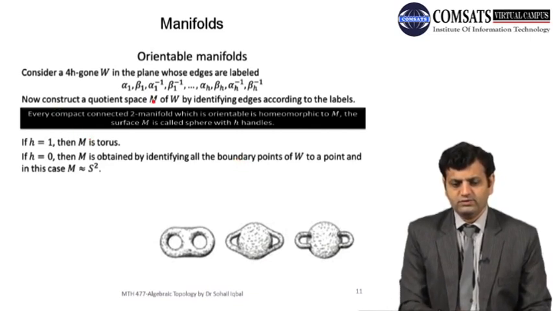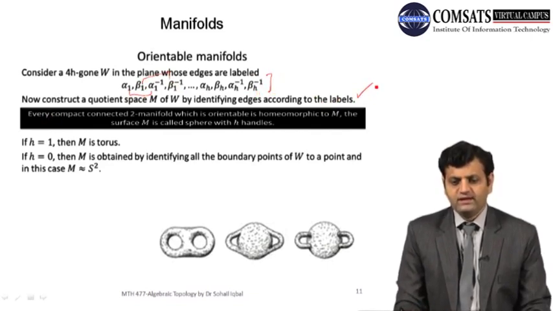So construct the quotient space M of W by identifying edges according to the labels. So this goes here, and so on. In this way we will obtain an orientable manifold.